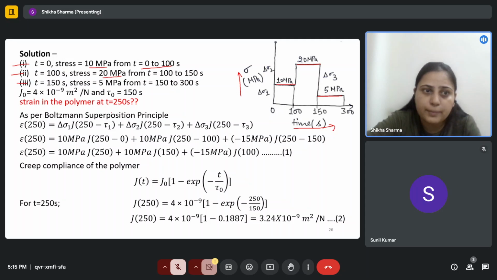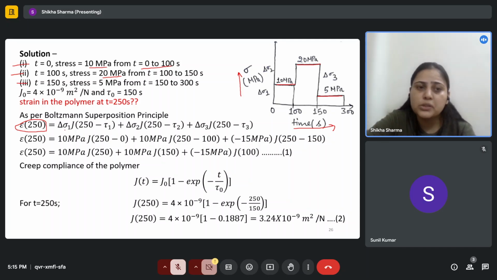When we apply the Boltzmann superposition principle to calculate the strain in the polymer at t equals 250 seconds, what happens? It takes into account the whole history.